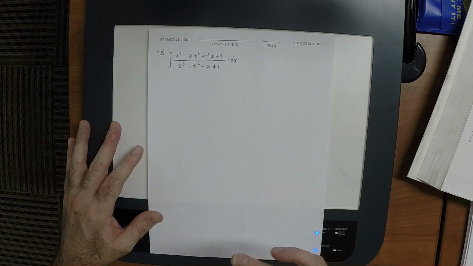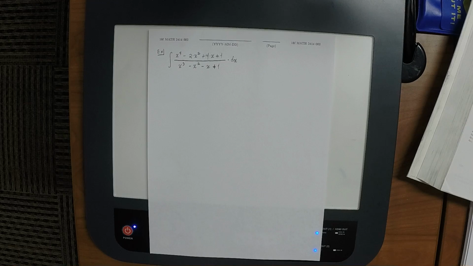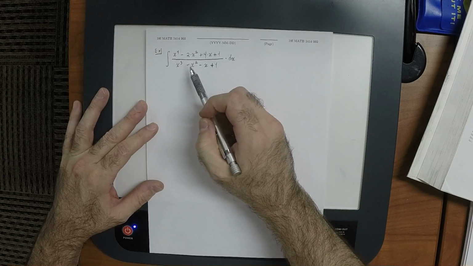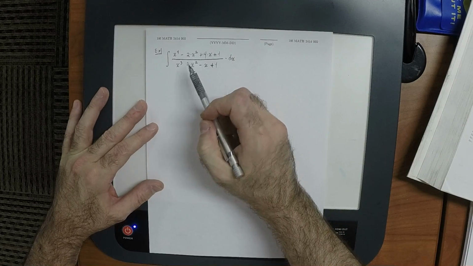But eventually you're just going to be hit with this, and you don't know which technique it might be. So the thing that's telling you this is, in the first place, this is a rational function, right?